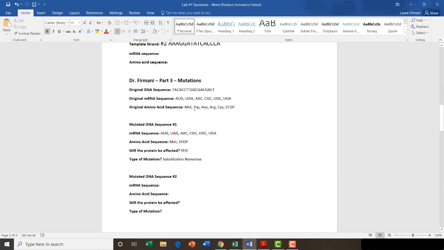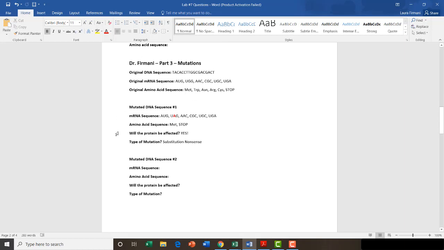Okay, so this is the original. This is normal. This is how this DNA is supposed to function in the cell. But now something happened to this DNA strand, and I'm going to show you different scenarios that can happen to the same original DNA sequence. So here's the first scenario, the first mutation that could occur.